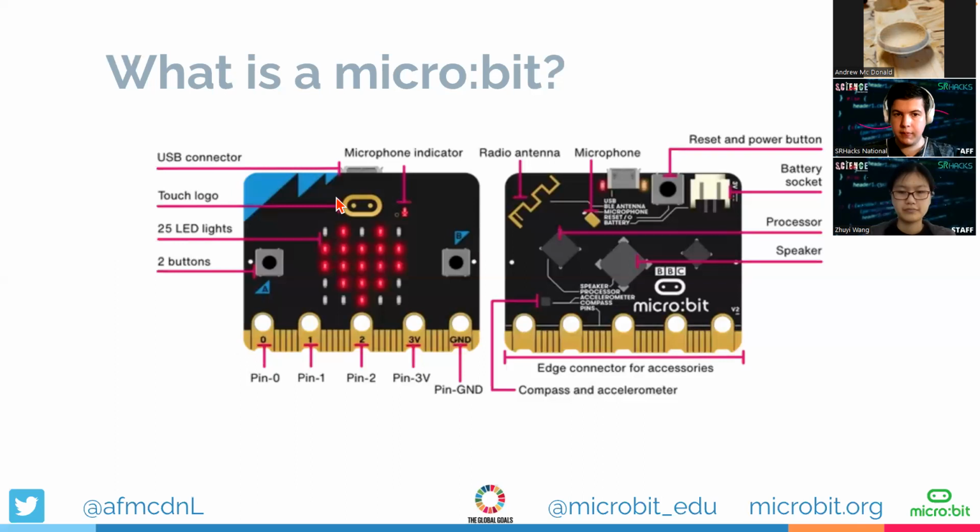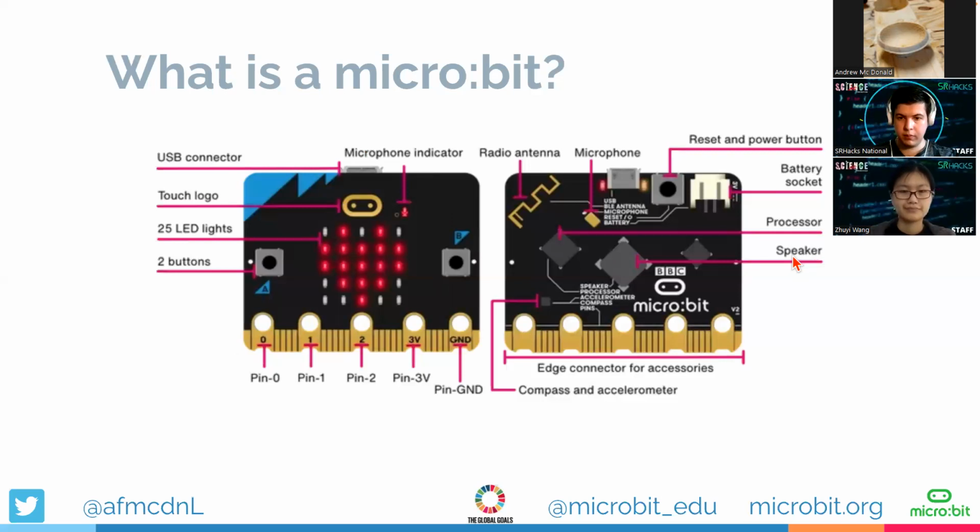Anyway, so we have a microphone indicator, which means that it can sense sound, which is pretty cool. The cool thing about the microbit is the ability to have outputs, so we can see things, we can hear things. It's got the speaker, but we can also have inputs as well, right?